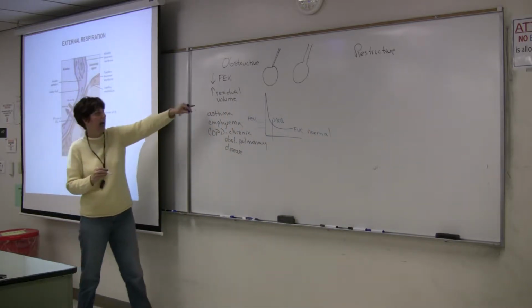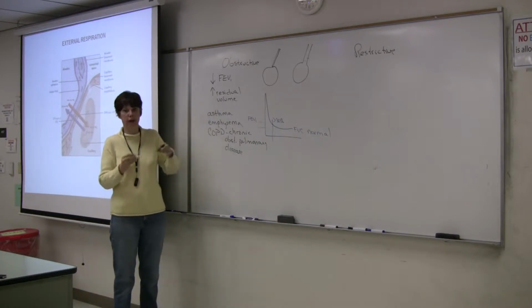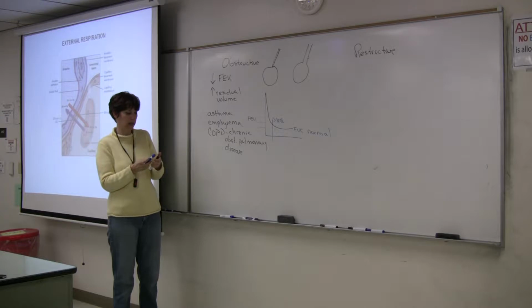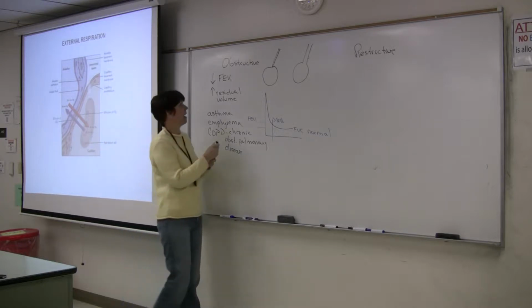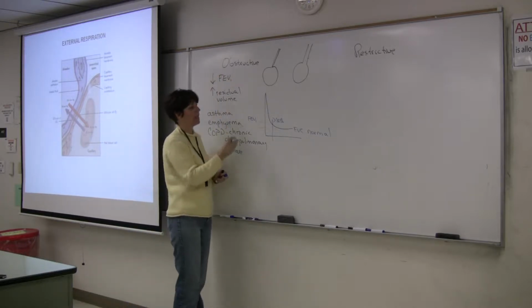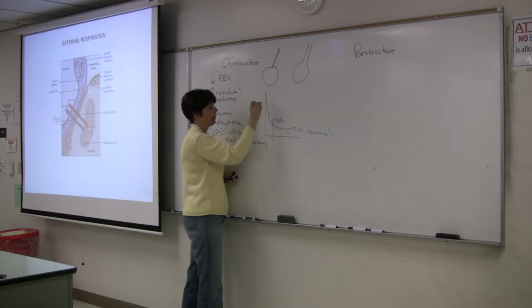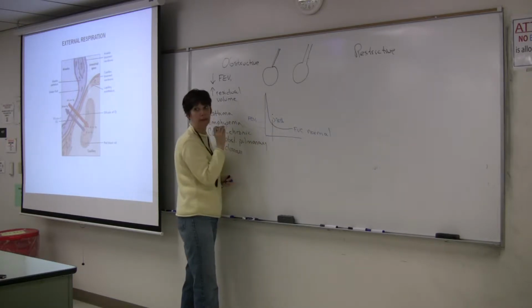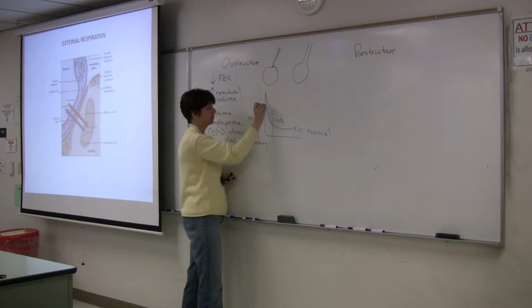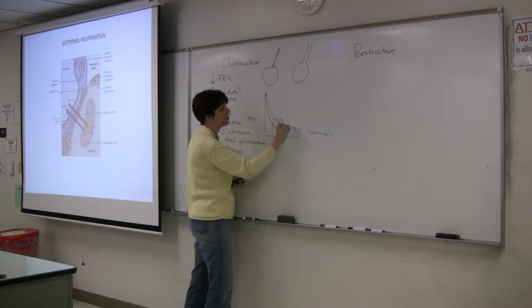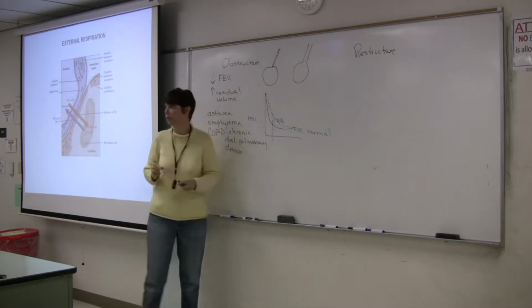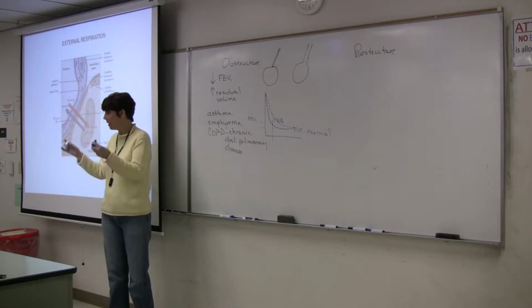So if we look at the fact that we have a higher residual volume, usually a normal total lung, vital capacity, then someone with obstructive pulmonary disease would have a lower FEV1, but would eventually be able to reach a normal forced vital capacity. It would take them longer.